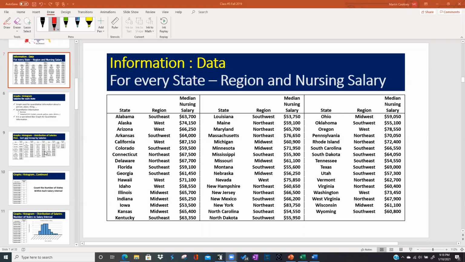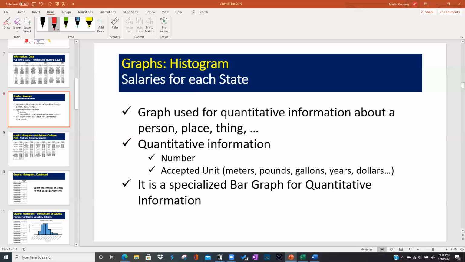So what we're going to do is create what we call a histogram. We're only looking at the salaries for each state. That's all. So we're going to limit ourselves to just the salaries. This type of graph, a histogram, is used for quantitative information about a person, place, or thing.